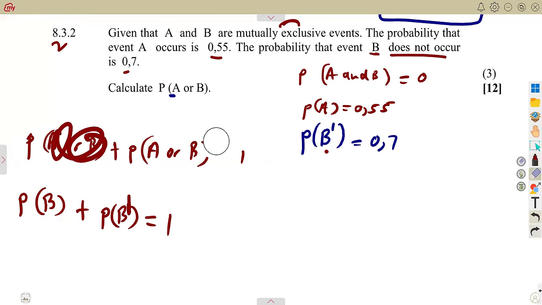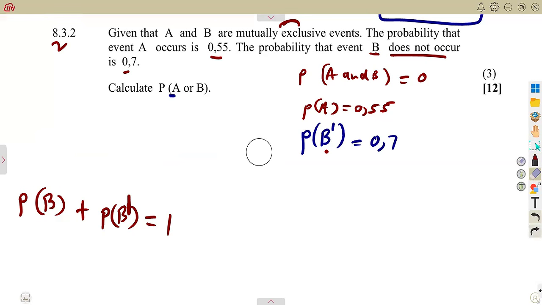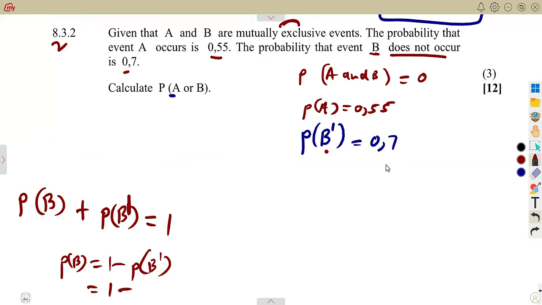So using this, guys, we can calculate the probability of what is in B first. The probability of what is in B is going to be 1 minus the probability of what is not in B, which is 1 minus 0.7. That was going to give us 0.3.